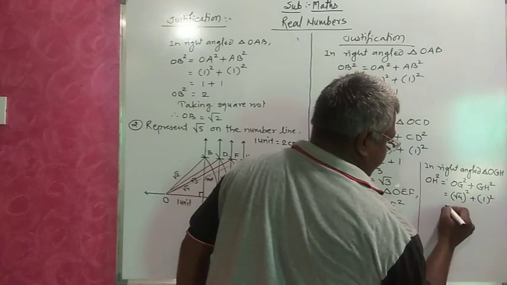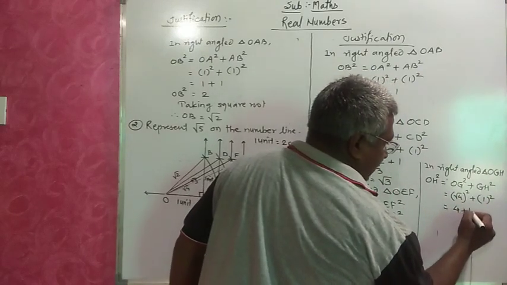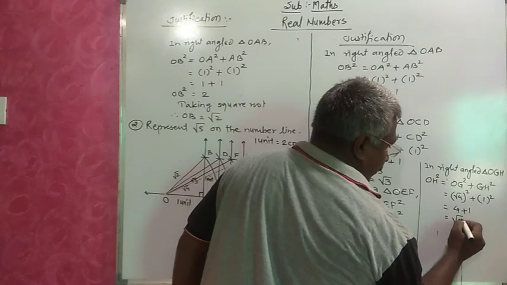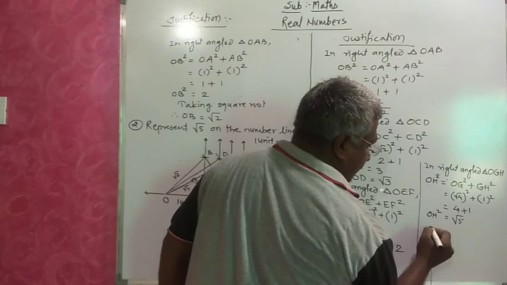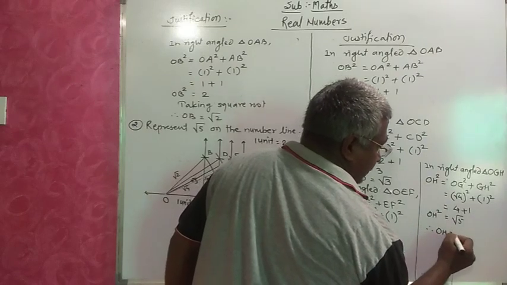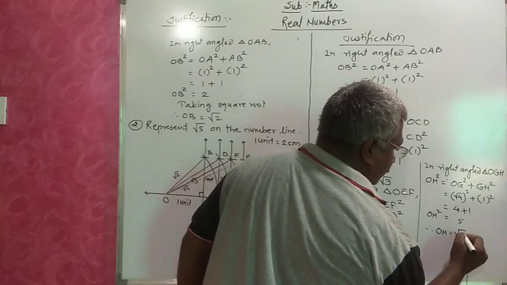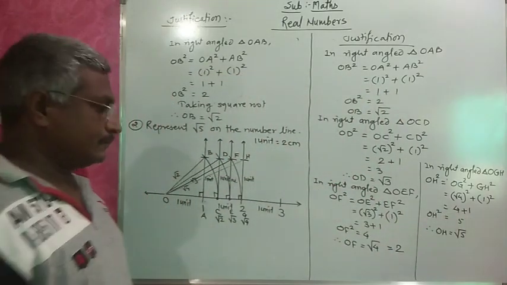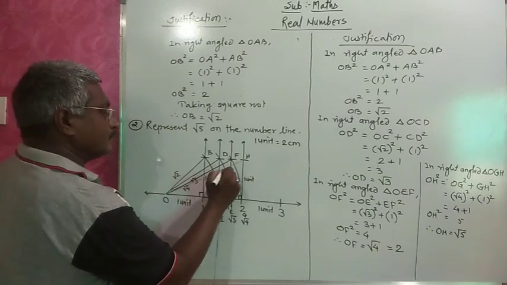So root 4 square means 4 plus 1. What we got? 5. So it is OH square. So therefore OH equals root 5. So what is the length of OH? Root 5.